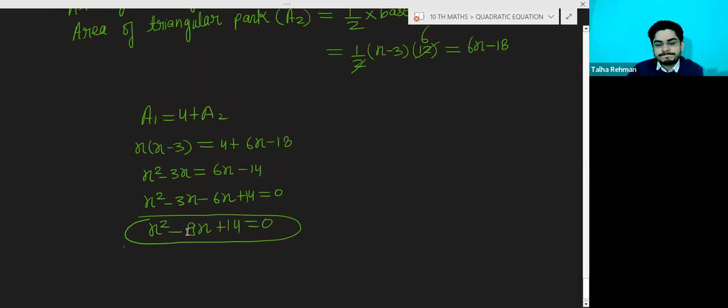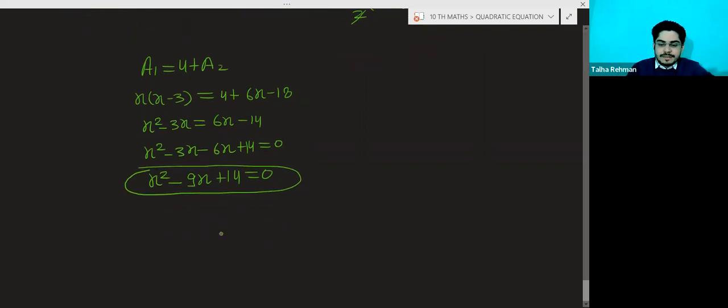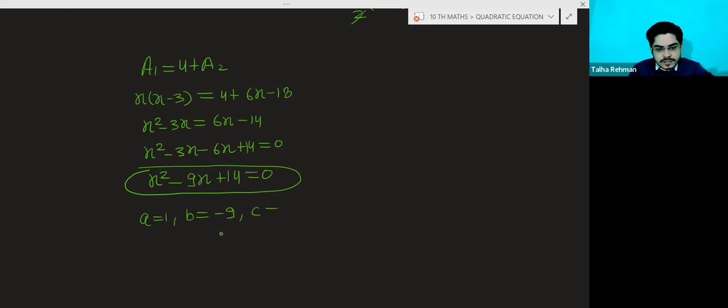Now we can solve this quadratic equation by any method. You can solve this quadratic equation by splitting the middle term, or you can also solve this by using the quadratic formula. Okay. So I am solving it with the quadratic formula. A is equal to 1 here, B is equal to minus 9 here, and C is equal to 14.